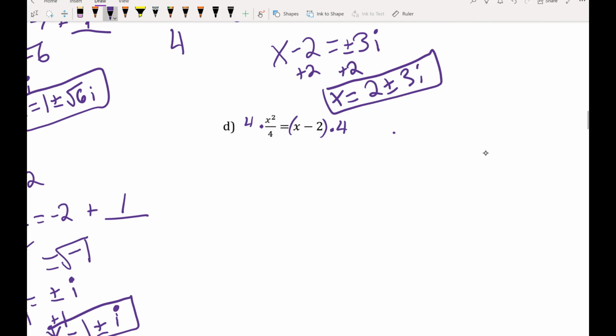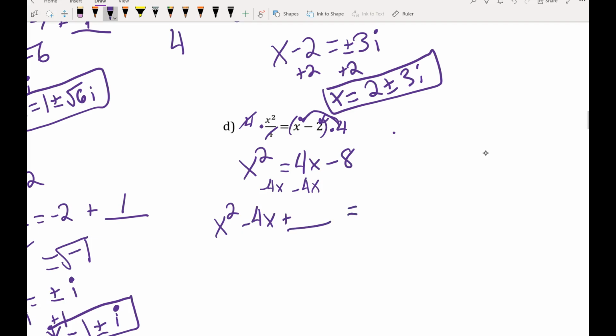Because what happens there is 4 divided by 4 is just 1, so you're just left with x squared on that side. And when I distribute this 4 on my right side of the equation, I get 4x minus 8. If I subtract the 4x on both sides, I'm left with x squared minus 4x, I'm going to leave a space, equals negative 8, and I'm going to leave a space.